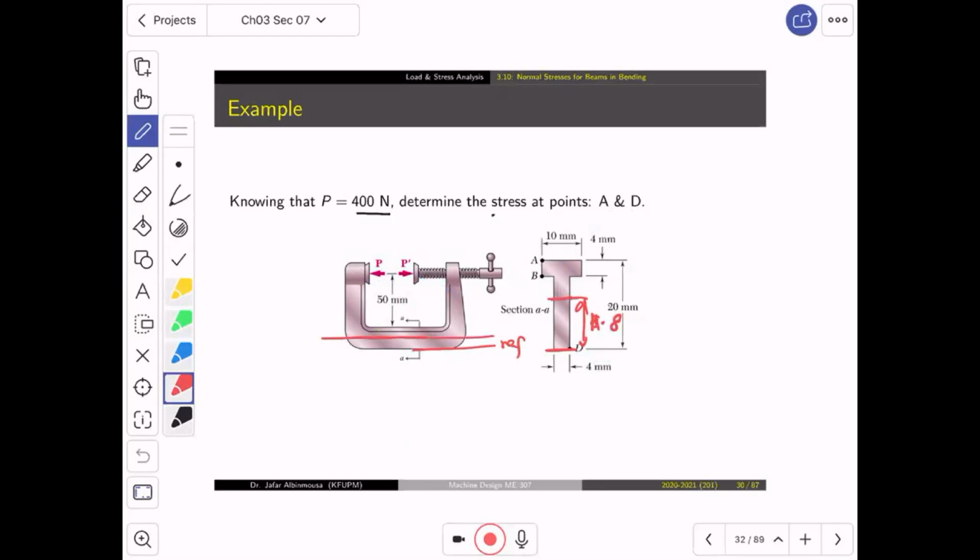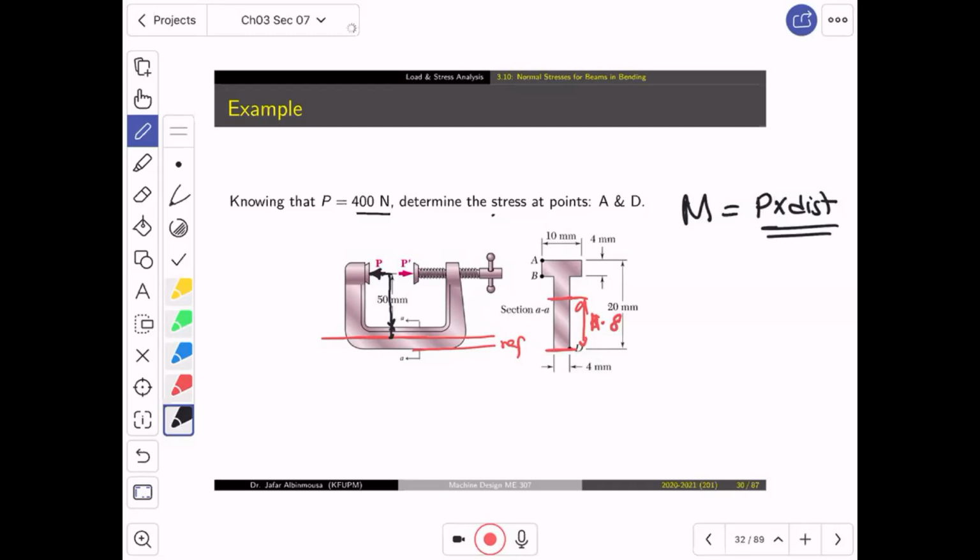So what I am going to do, that force multiplied by 50 plus this little bit, the moment M is equal to P times distance. Which distance? Should you multiply by 50? No. You will multiply it by the distance 50 plus the amount which is going to take you to the centroid of the cross section. That's the moment.